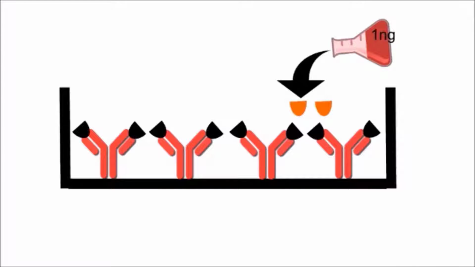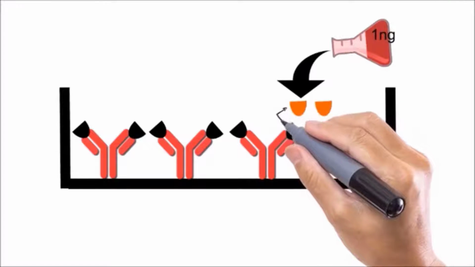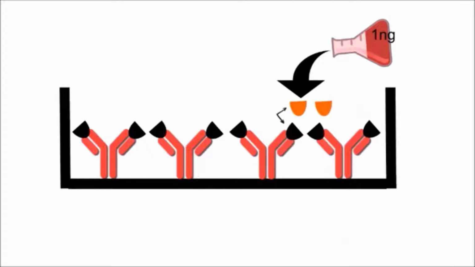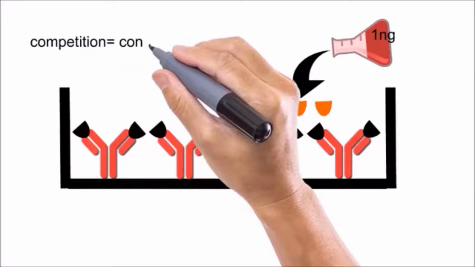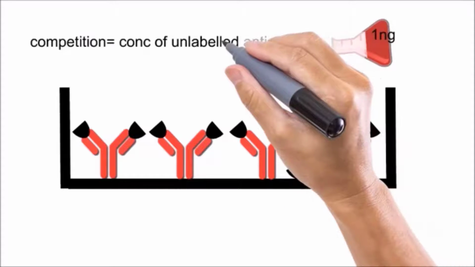This addition will create competition between radio-labeled and unlabeled antigen for binding antibodies, and this competition is proportional to the concentration of unlabeled antigen added to the well. Since we have added only 1 nanogram of antigen, competition will be less, and few radio-labeled antigens will be removed from the antibodies. And of course, their place will be taken by unlabeled antigens.